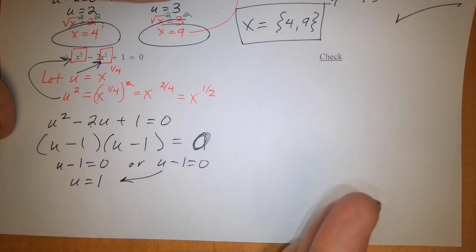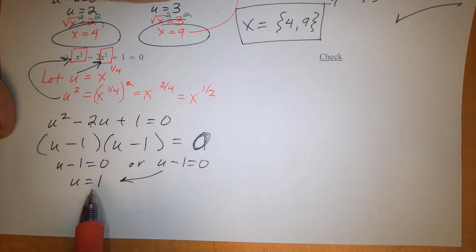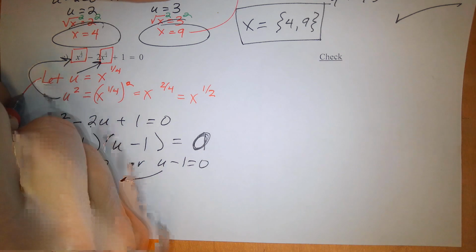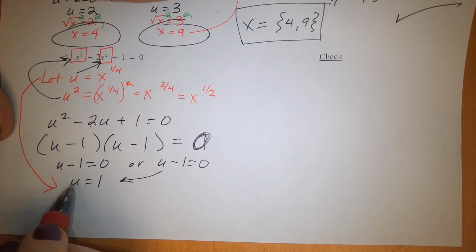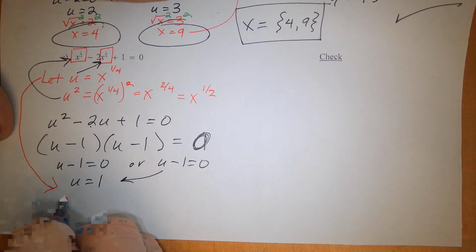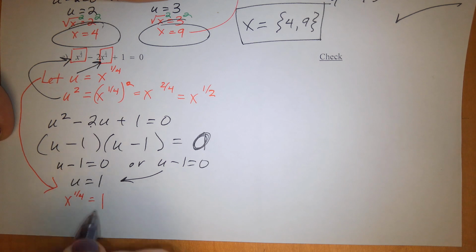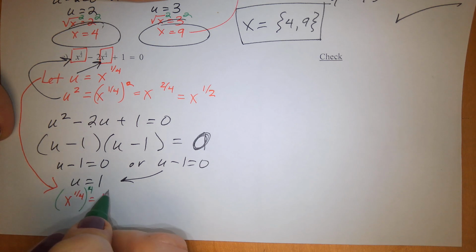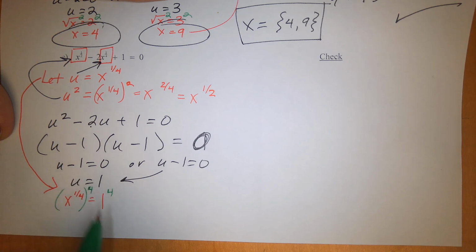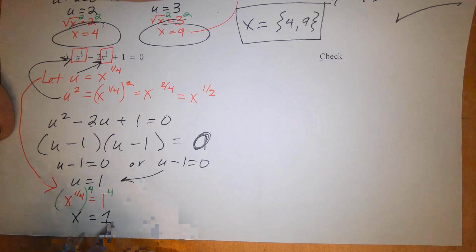We must say x equals a number. So we substitute back in. u is x to the 1/4 power. How do we get rid of that power? Well, we raise both sides to the 4th, because 1/4 times 4 is 1. So that means x equals 1 to the 4th, which is 1.